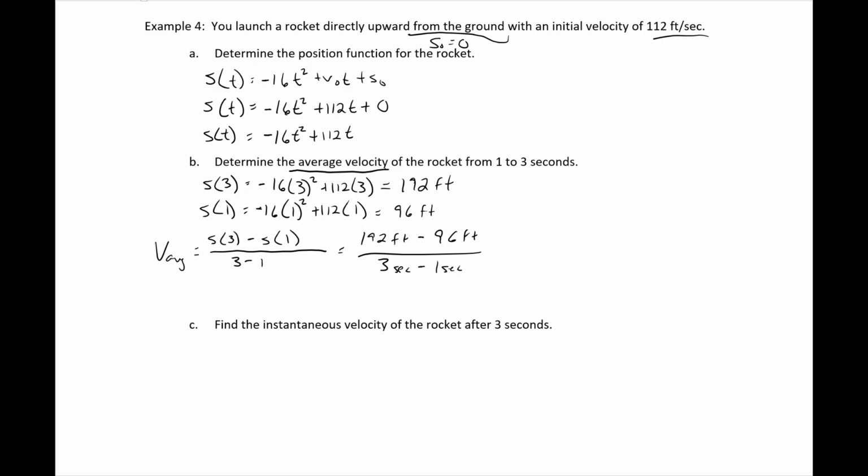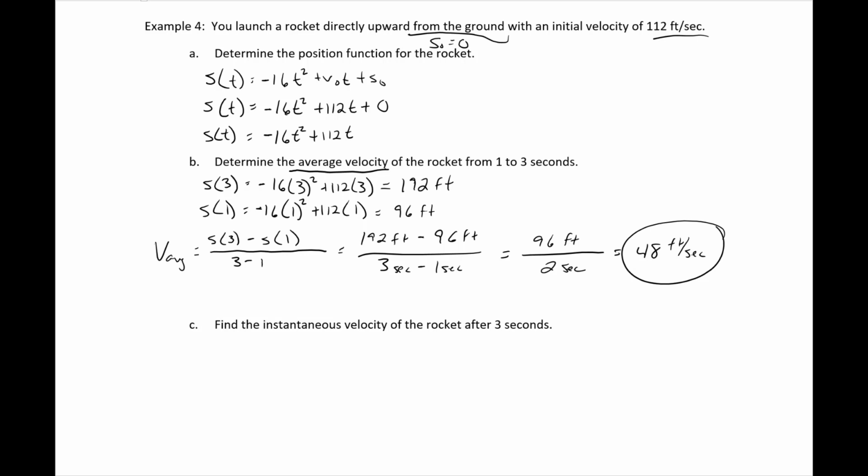Yes, you need to include your units. That gives us 96 feet per 2 seconds, which reduces to 48 feet per second for the average velocity.